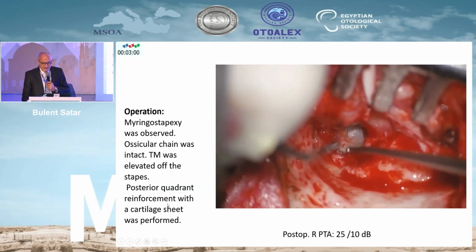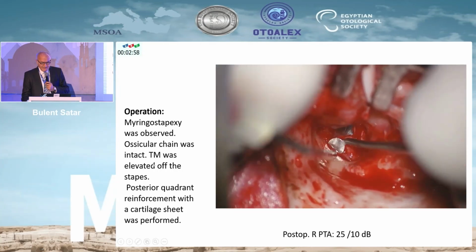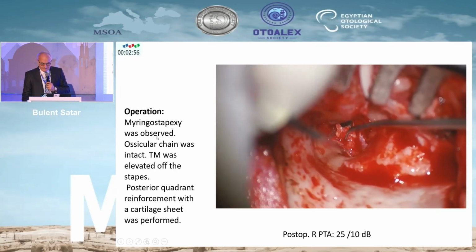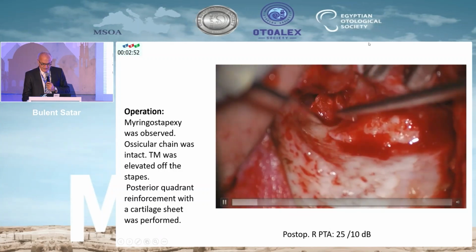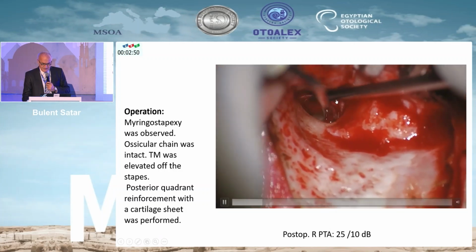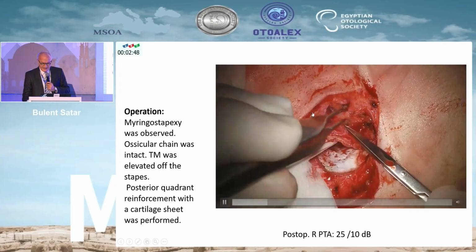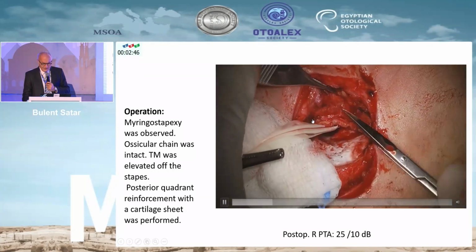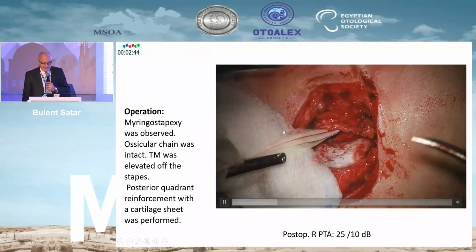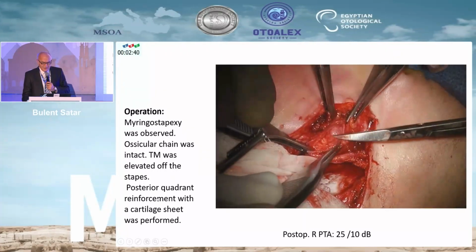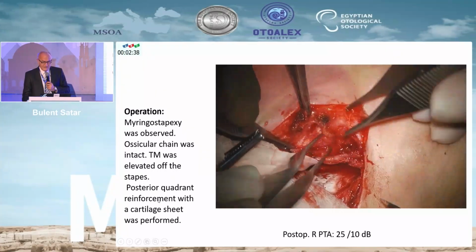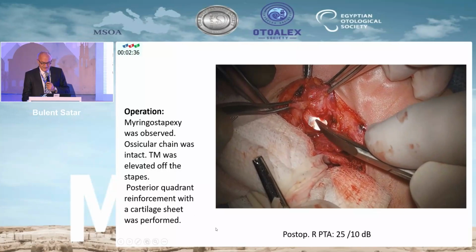In the operation, we found a meningostapexy. Here is the adherence on the joint, but the ossicular chain was intact. The tympanic membrane was elevated off the stapes, and posterior quadrant reinforcement with a cartilage sheet was performed.